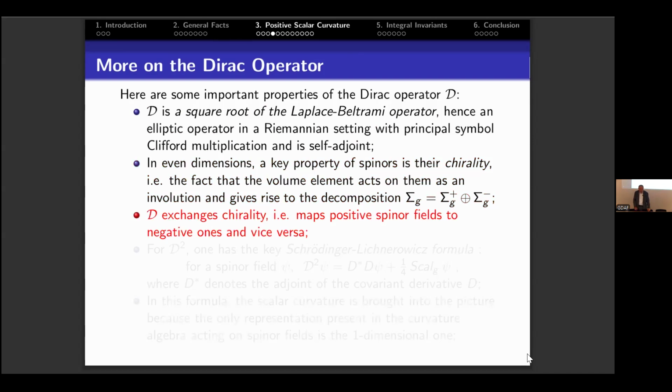And very importantly, because Clifford multiplication by vectors changes the chirality, it means the Dirac operator maps positive spinors to negative spinors and negative spinors to positive spinors. That's very important.